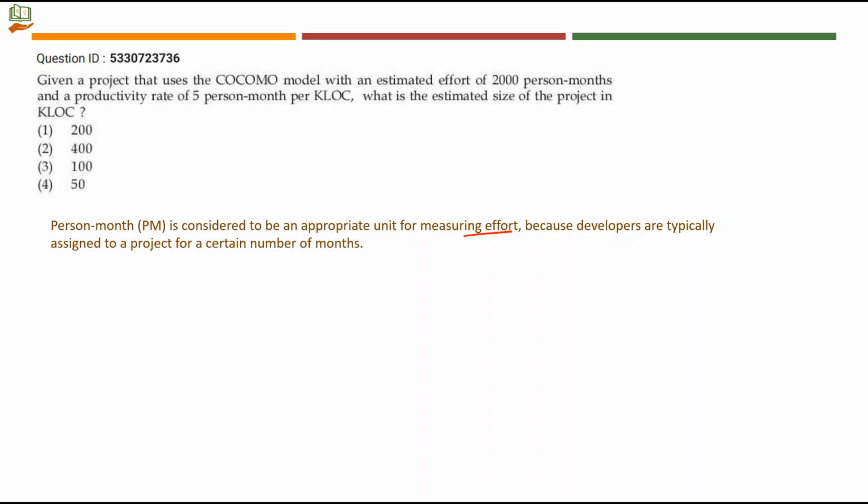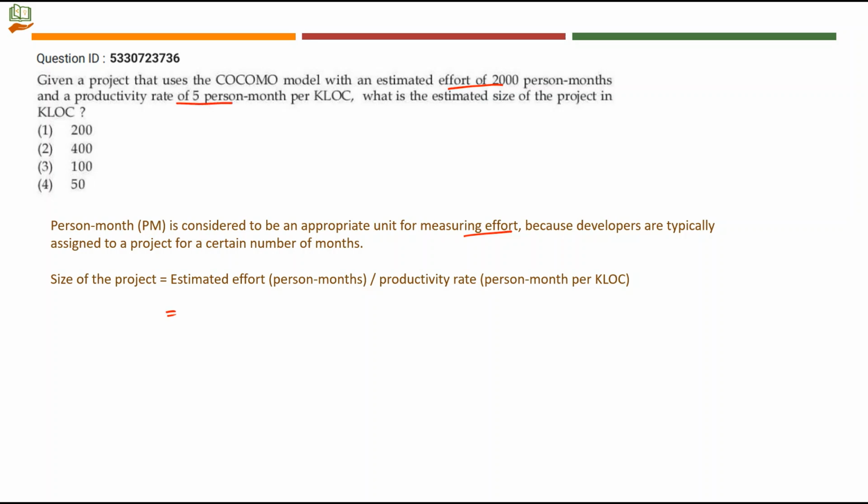So one person working for these many months or the number of persons working together for these many months. Now we have to find the estimated size of the project. This will be given by the estimated effort divided by the productivity rate. Now we will just substitute the values.